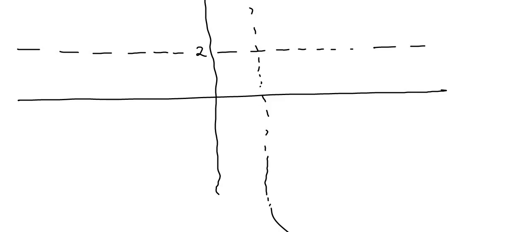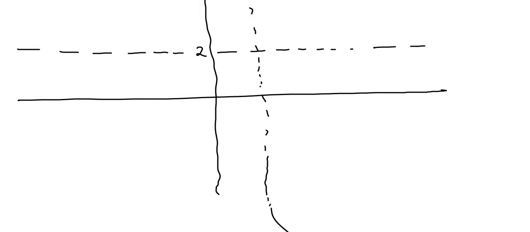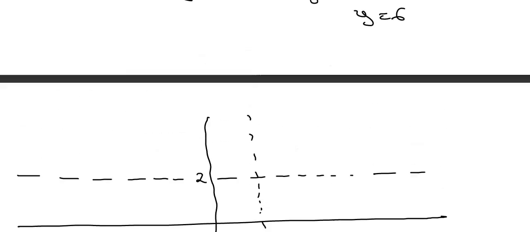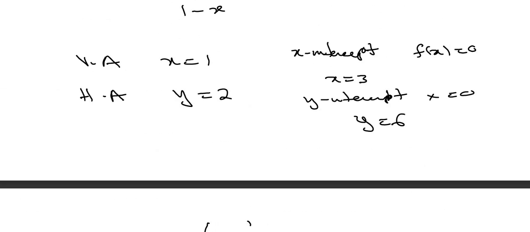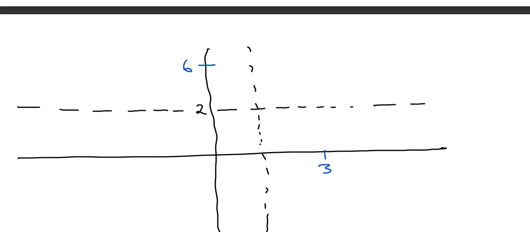That's what it means. Then the other part, we need to show the numbers that we are touching. We need to touch 3 and 6. So 3 on the x-axis and 6 on the y-axis. So how can we touch 6? The only way you can touch 6 is by moving like this. How can we touch 3?